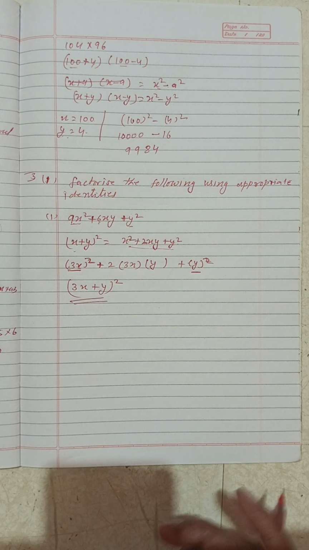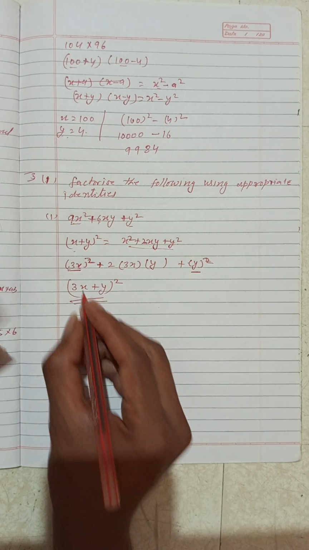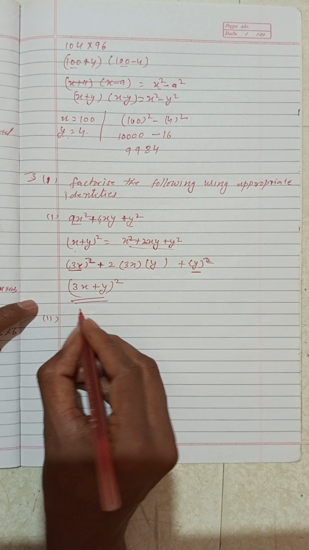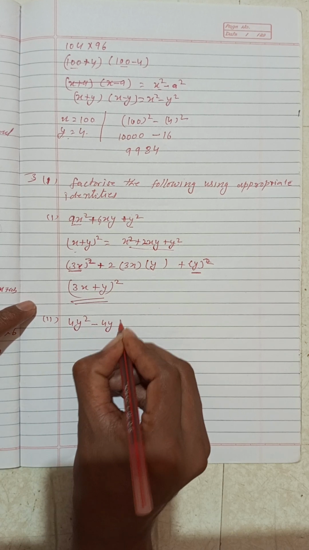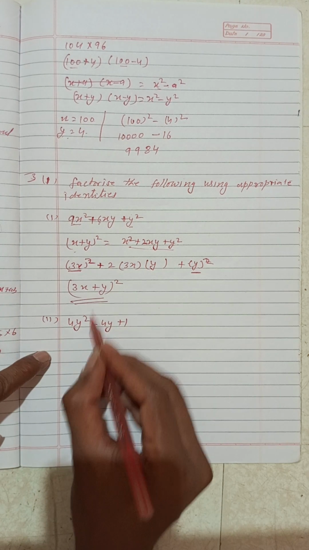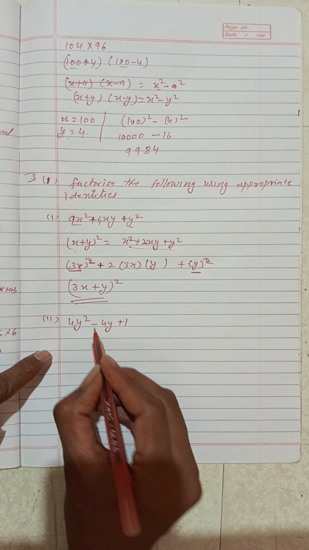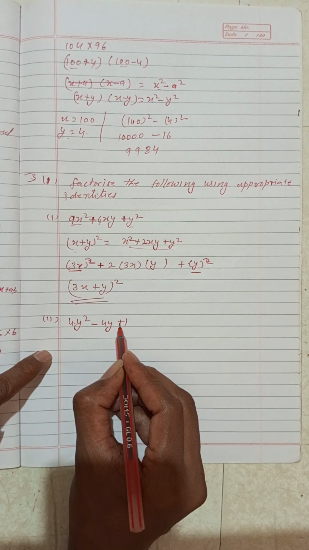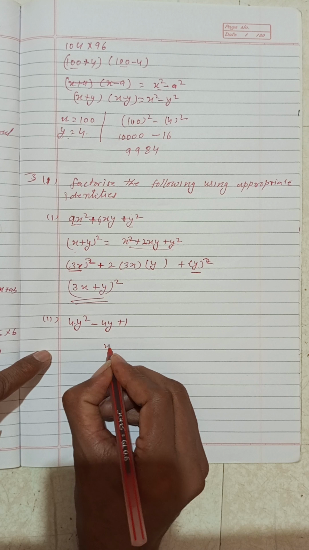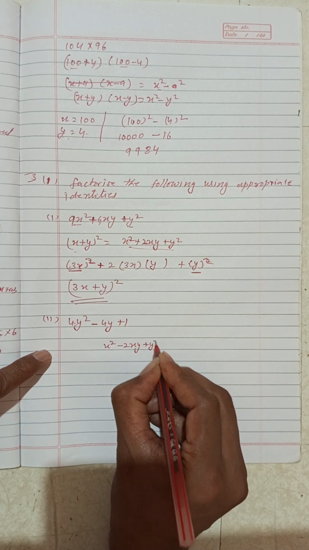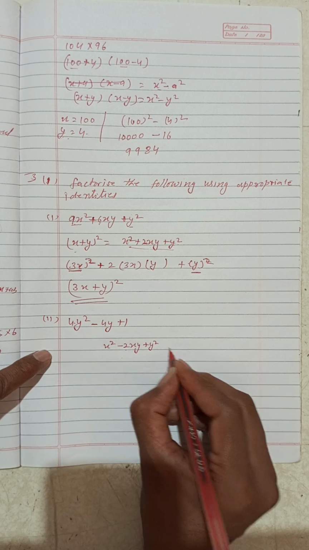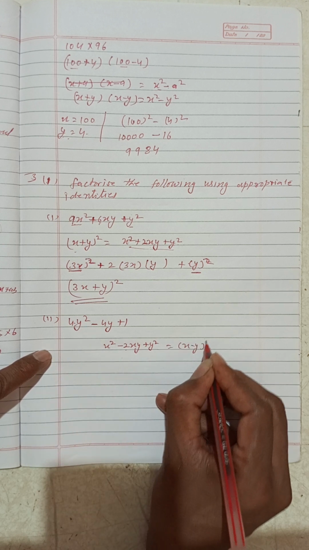Let's take another question so that it will be cleared up. Here it is written, second question, 4y square minus 4y plus 1. Here in that the minus is given, and the terms are three only. So we can write in that way x square minus 2xy plus y square, which is equal to x minus y whole square.